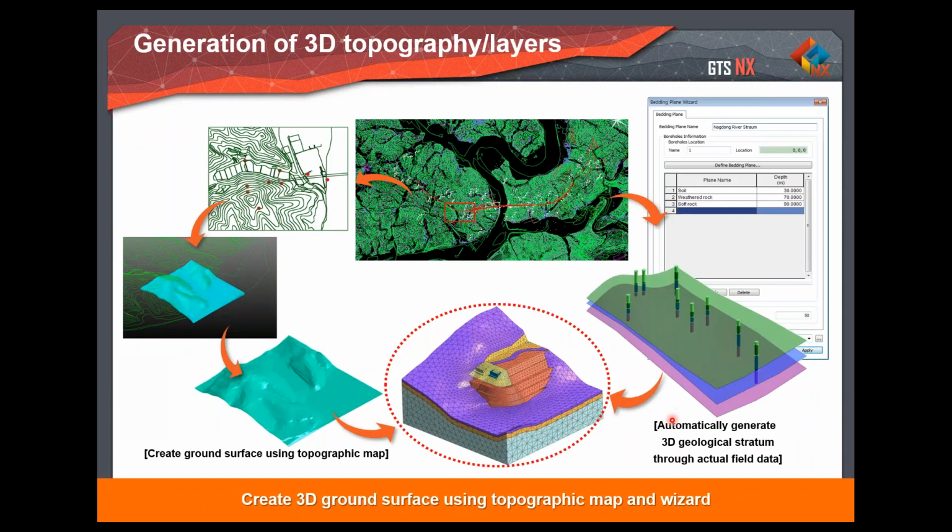And as I was saying, there are many modeling features in MIDAS GTS NX. This is one among them. Here we have a terrain geometry maker. Suppose this is our terrain, a very complex terrain. This is a plan, and let's say this is my hilly area. In order to model this hilly area, it would be very difficult for an engineer, because it is very difficult to have the coordinates and points from all along the data.